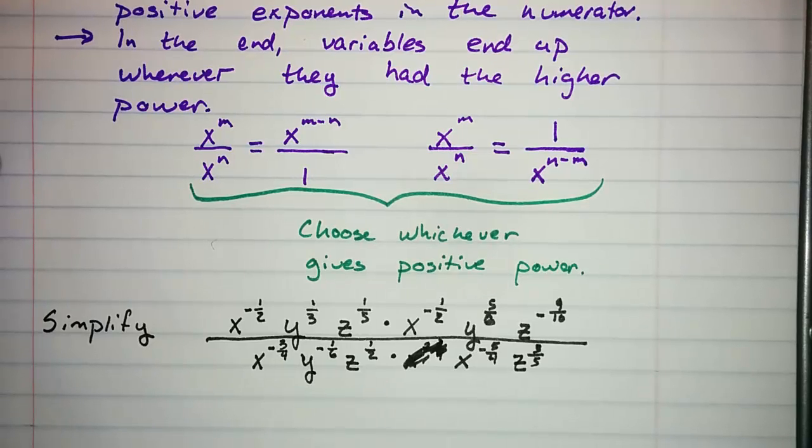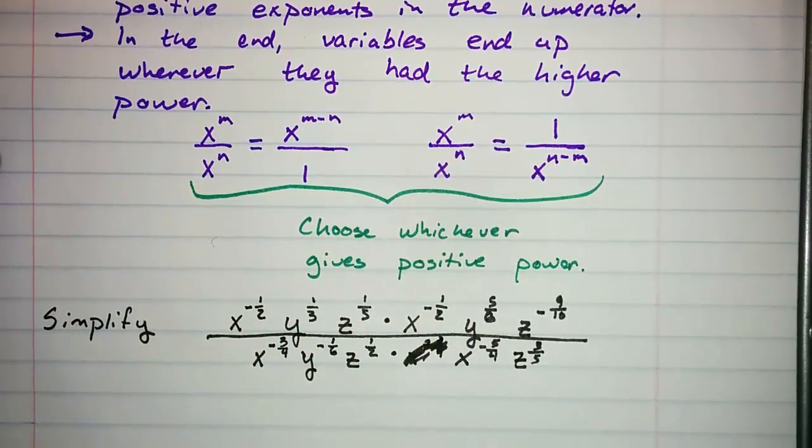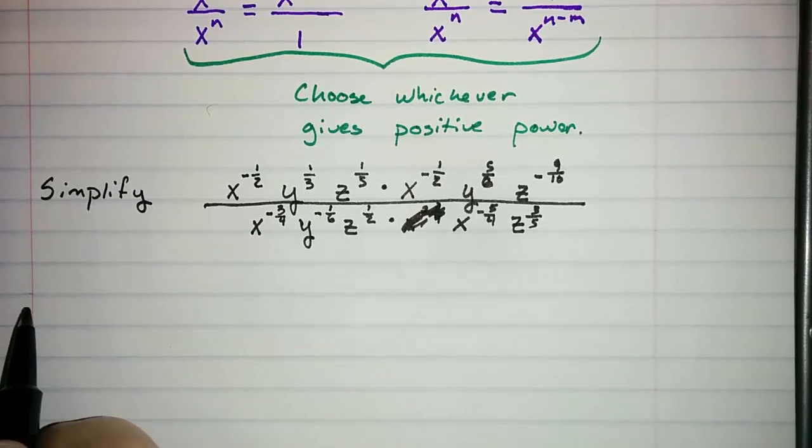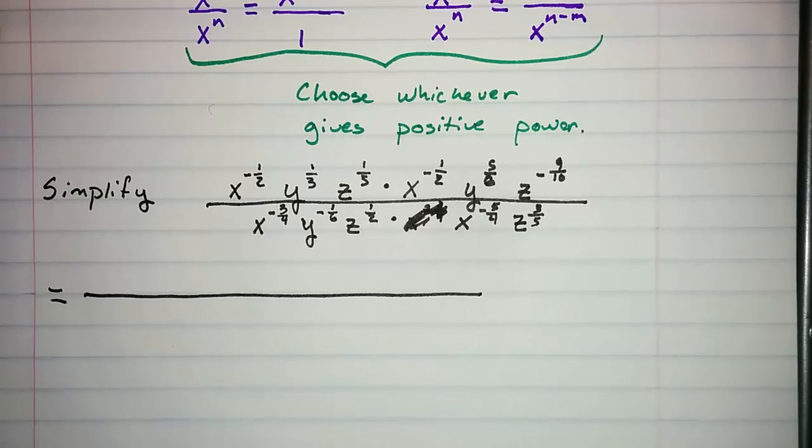Let's suppose we wanted to simplify this expression using this method. And this expression is a good candidate for this method because it doesn't have any powers of powers. So we're going to rewrite this with positive exponents. And here's how. I'm going to go through one variable at a time.